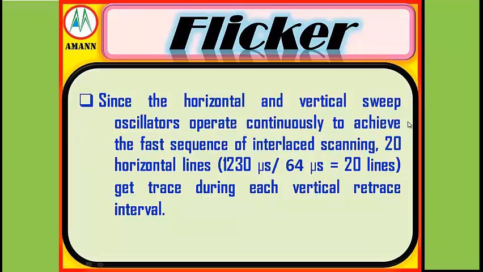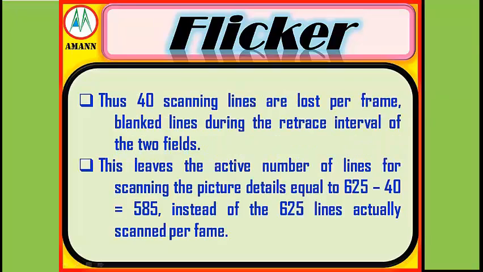Since the horizontal and vertical sweep oscillators operate continuously to achieve the fast sequence of interlaced scanning, 1.28 milliseconds over 64 microseconds equals 20 lines that get traced during the vertical retrace interval.